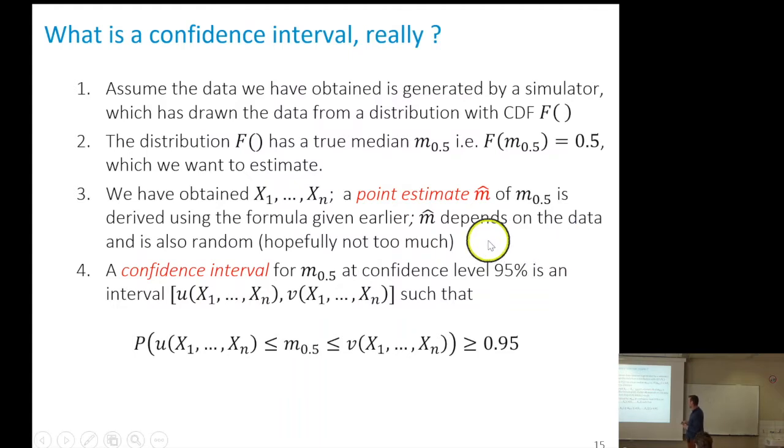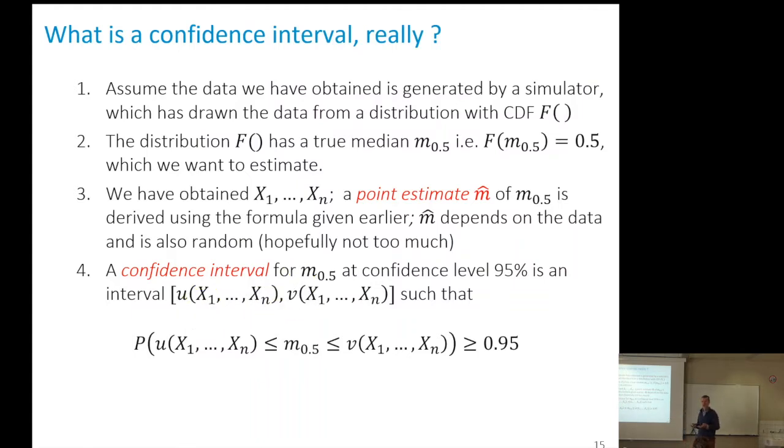A confidence interval for the true median is something that I construct from the data. So I write it as a function u of the entire data set. U is the lower bound, v is the upper bound. So I give you the data, you number crunch them through some algorithm that returns u and v. You claim this is a confidence interval.